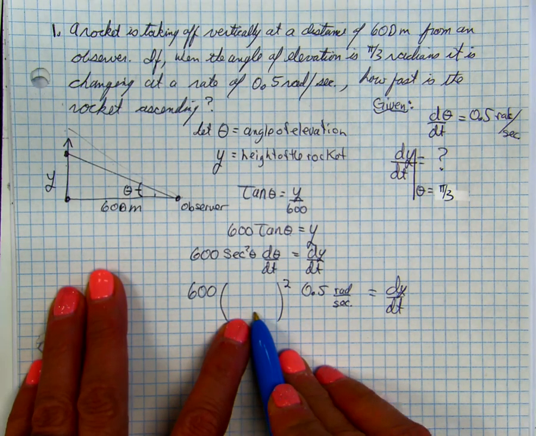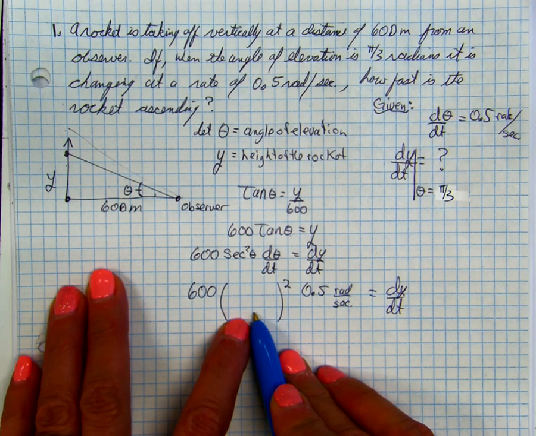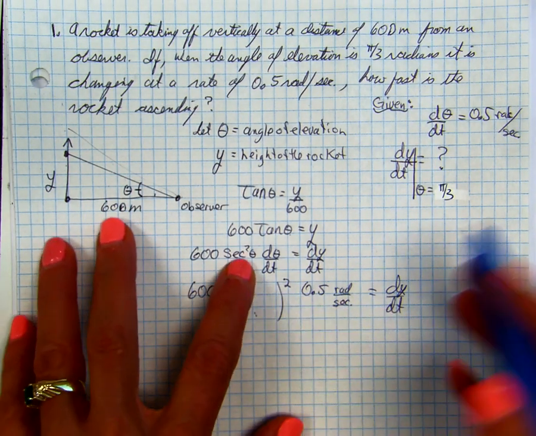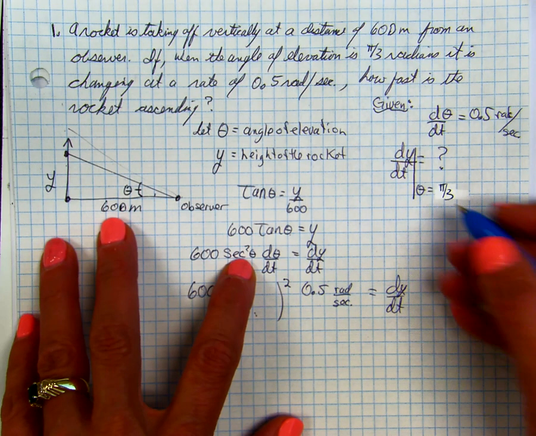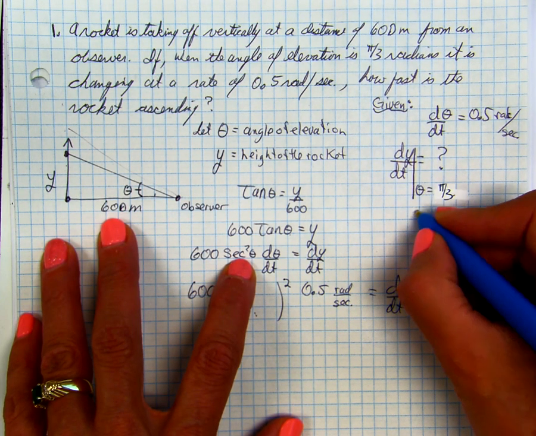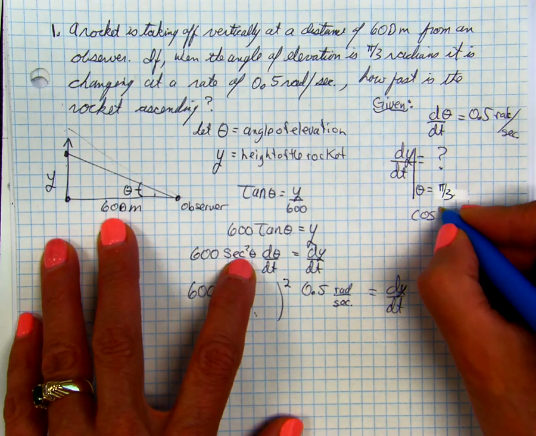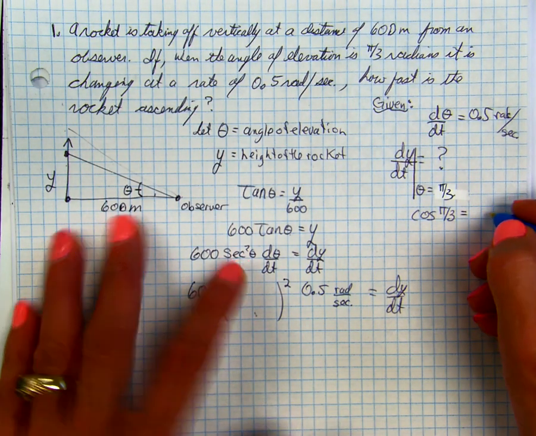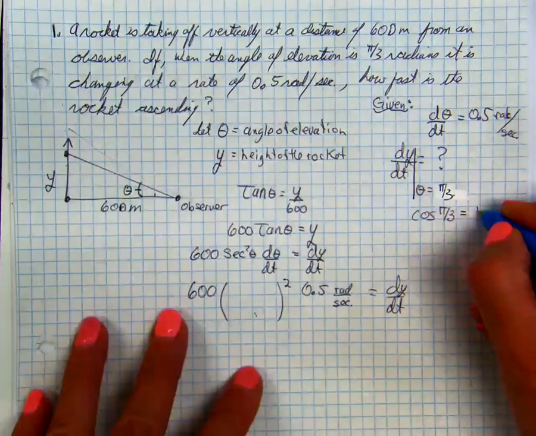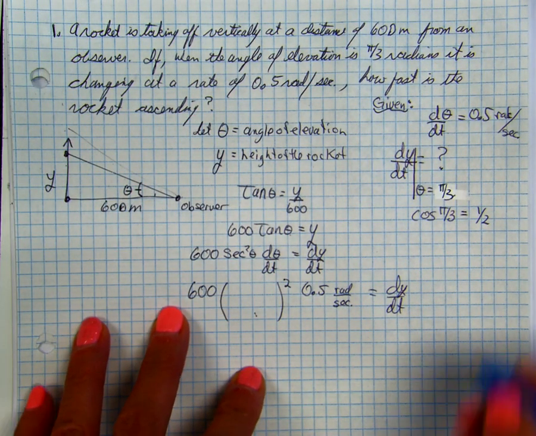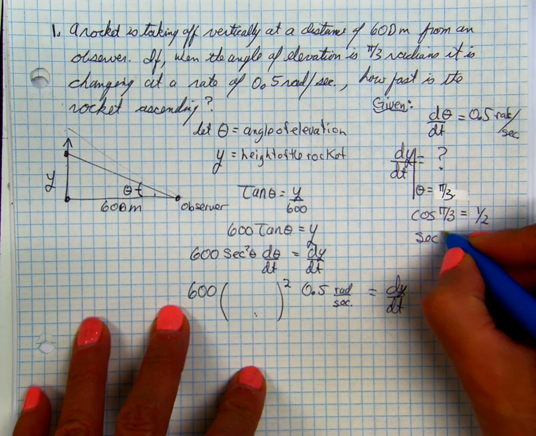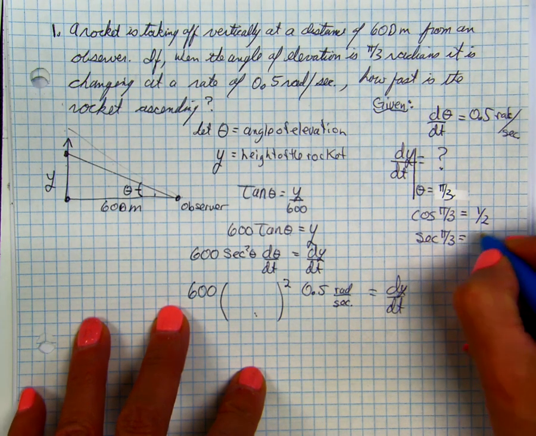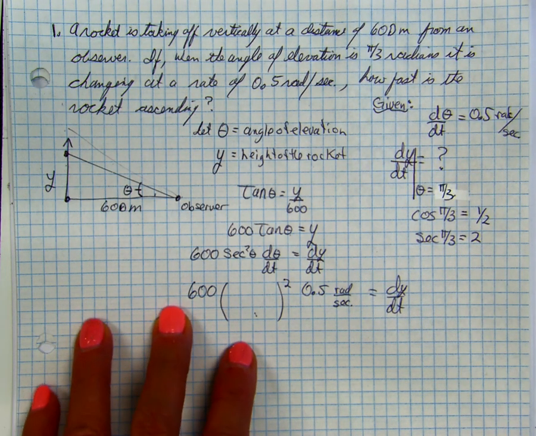And why didn't I put this in here? Well, because I'm going to calculate it first. If the angle is pi by 3, then the cos at pi by 3 would be 1/2, which tells me that the secant at pi by 3 would be the reciprocal, 2.